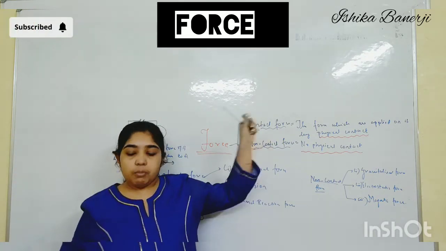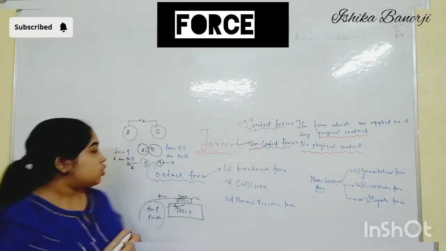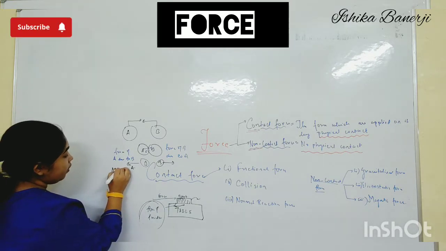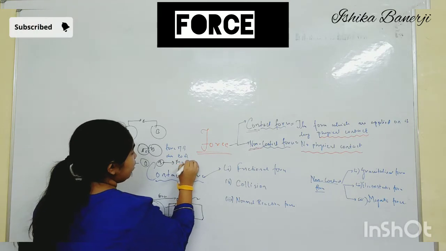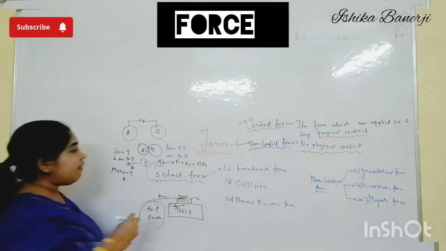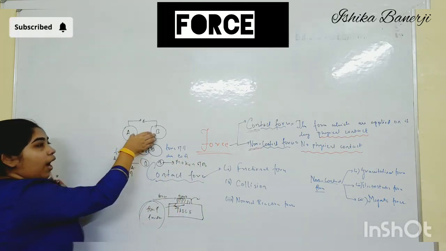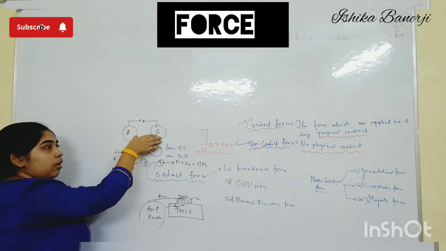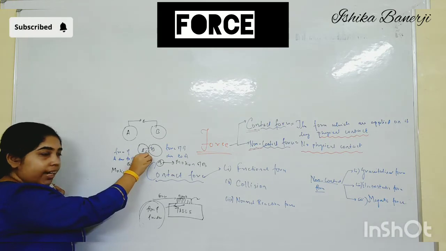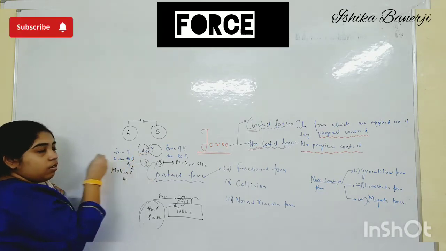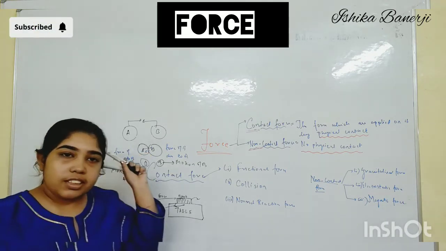Now this is the motion of A, and this is the motion of B. What happened is, step 1, they came towards each other. Step 2, they had a nice fight. Step 3, they fought and moved in opposite directions.